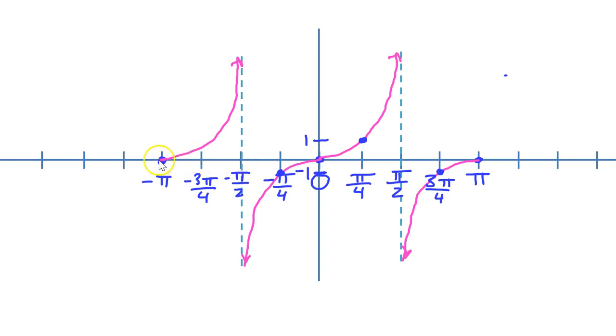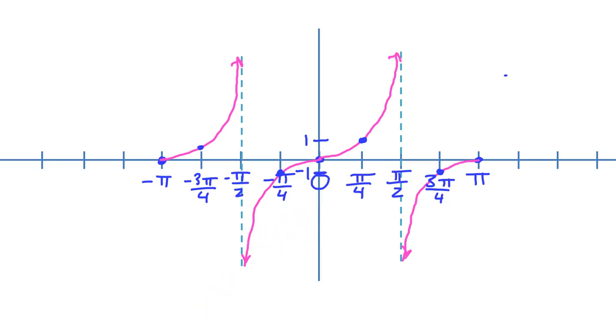Here I am halfway between the asymptote and the intercept. This point should be at +1. So in addition to labeling all of these marks on the x-axis, we also need to label the stretch value on the y-axis, and go ahead and mark those additional points as well.